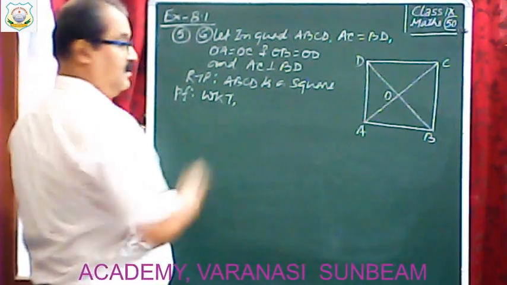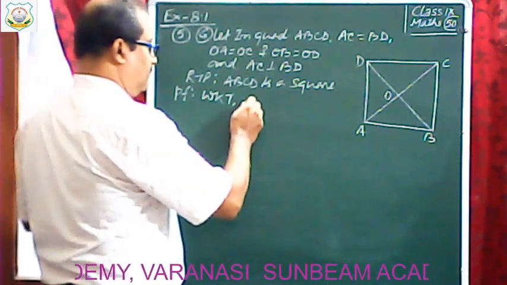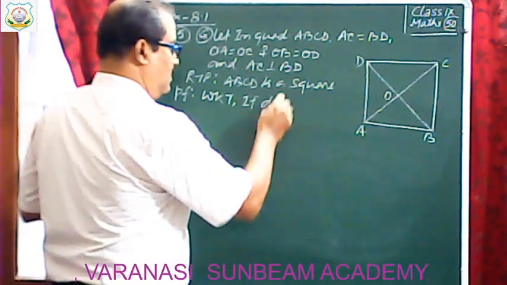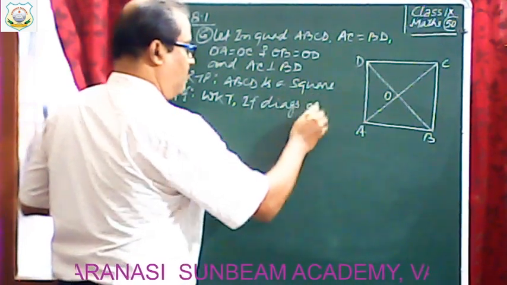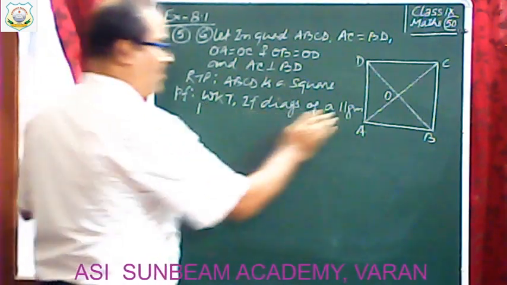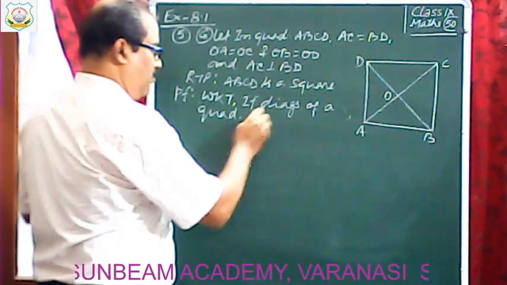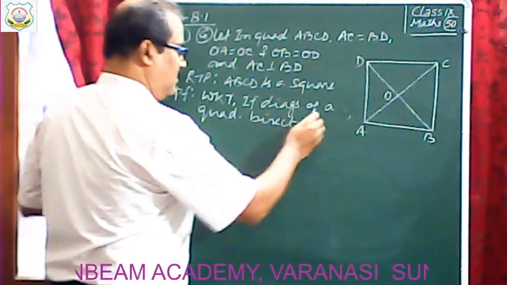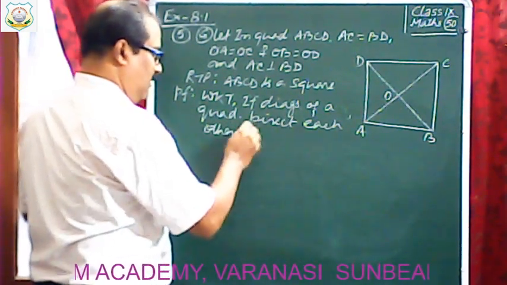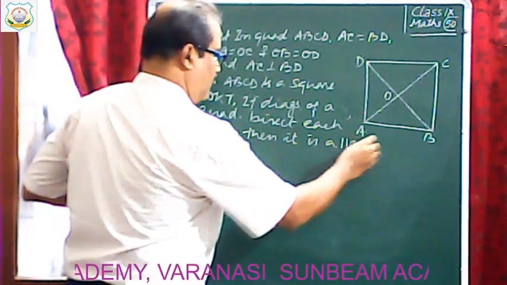WKT means what? We know that if diagonals of a quadrilateral bisect each other, then it is a parallelogram.